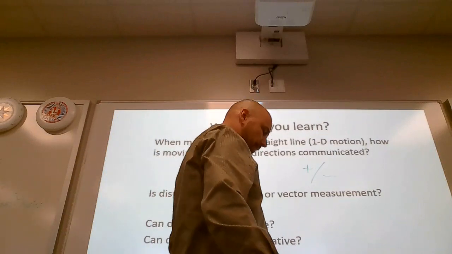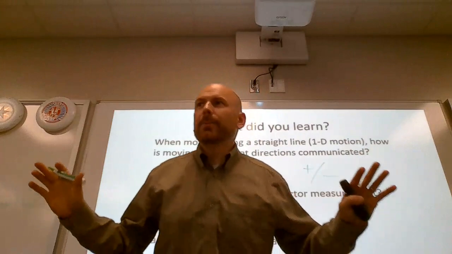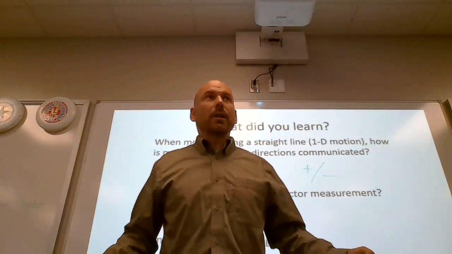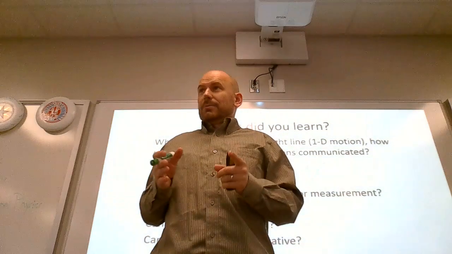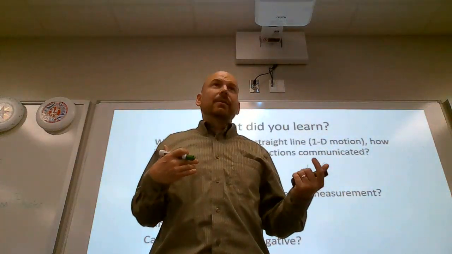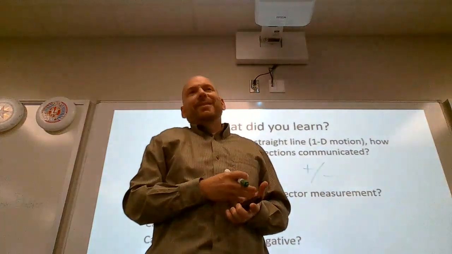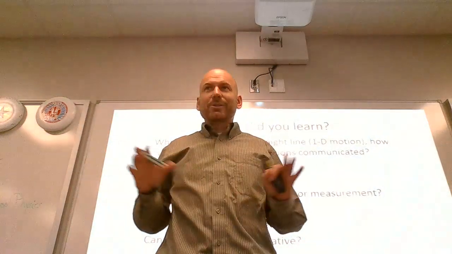So you're either going this way or this way, but you're stuck on a line. We could also go up and down, but it's just one dimension for right now. That's going to be true for this chapter and the next. Unit 3, then we'll break out of the line. But right now we're just stuck on the line.